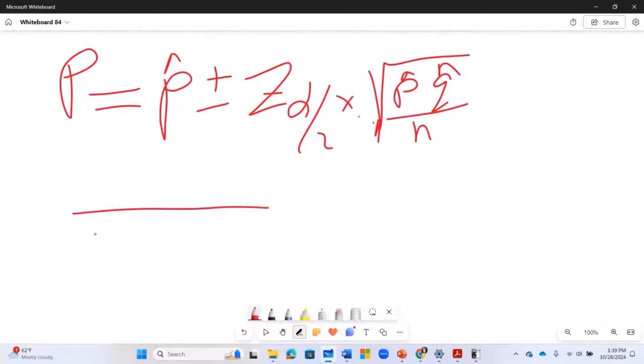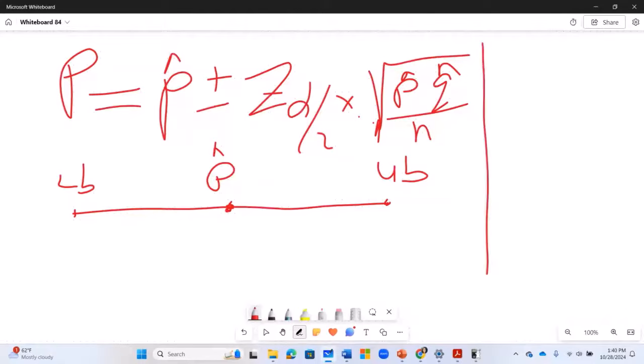The first thing I want to do is draw a number line, showing the lower bound, the upper bound, and the midpoint, which is p hat, the sample proportion. I can go to test and 1-PropZInt. But what are the numbers given in that question?